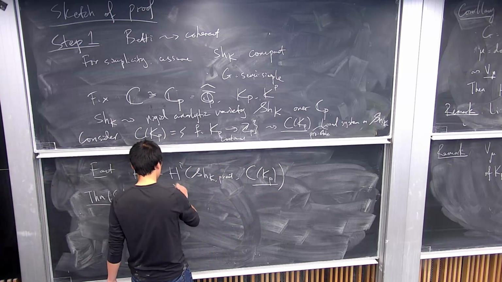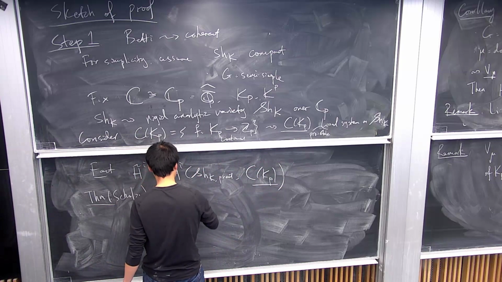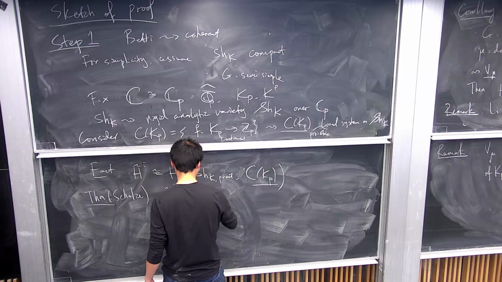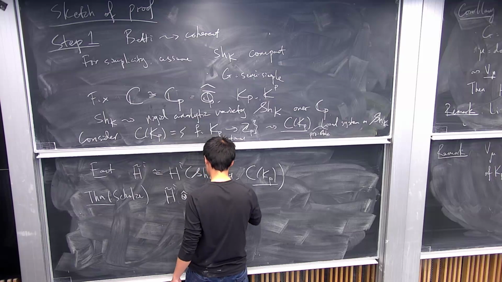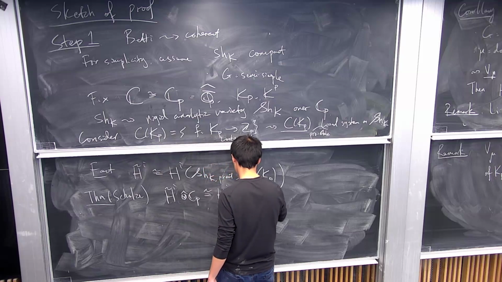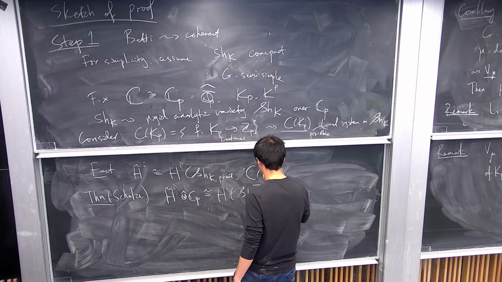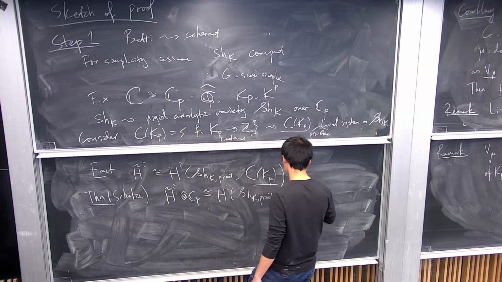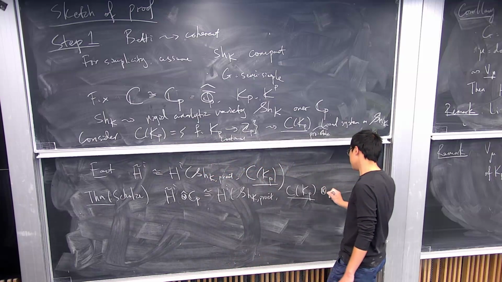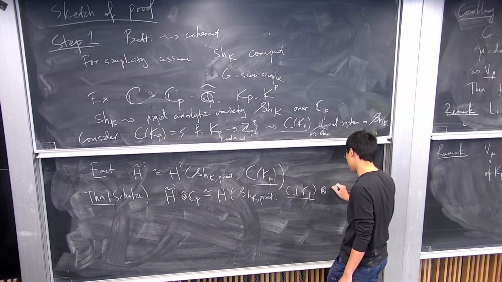When you take the completed tensor product with C_p, there's a natural isomorphism between the cohomology of this huge local system tensored with the completed structure sheaf.